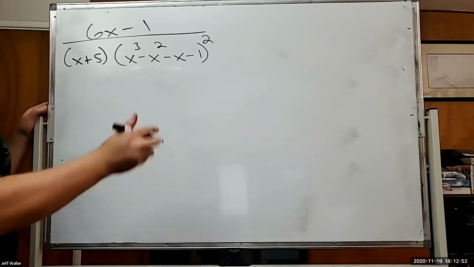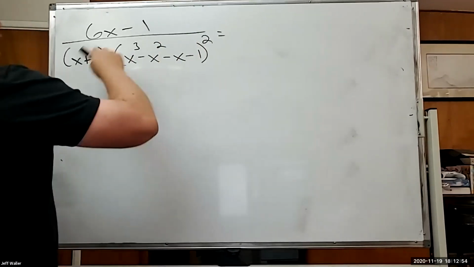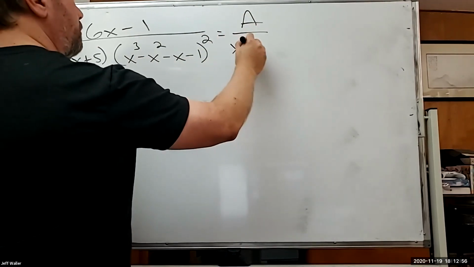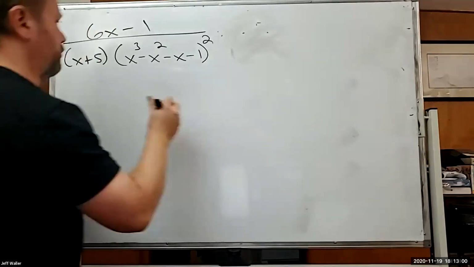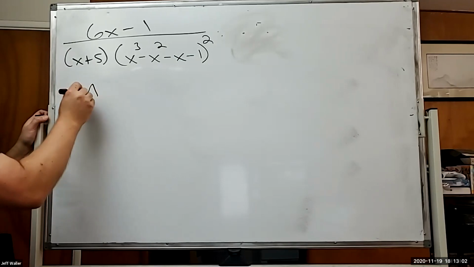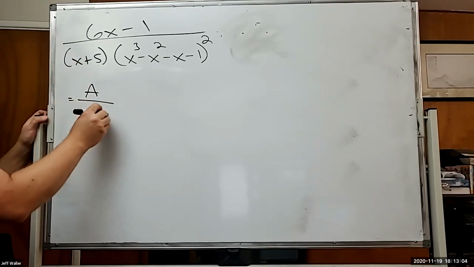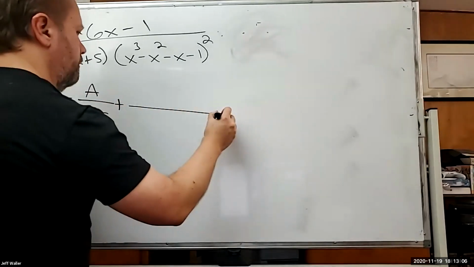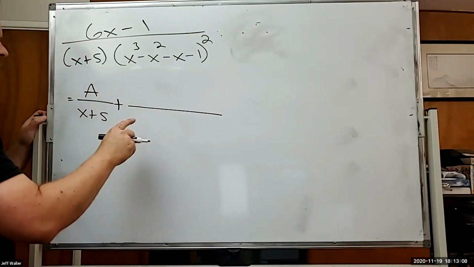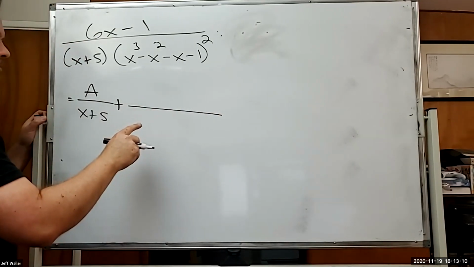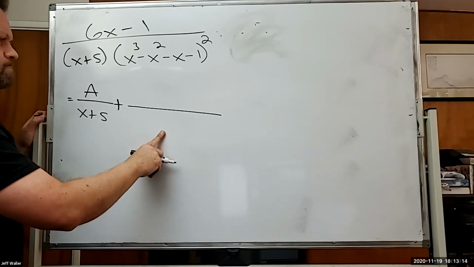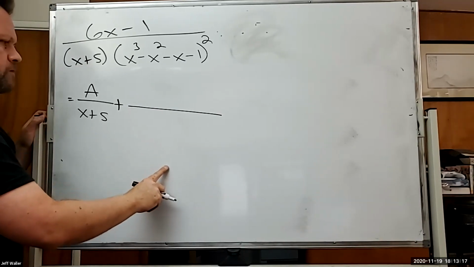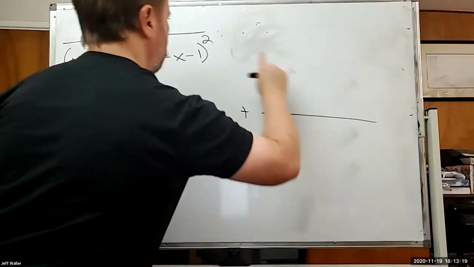So what does that mean? So what am I going to have? So the a over x plus 5 is simple. In fact, I'm going to have to write this down here. I'm going to need a lot more room. So this would be a over x plus 5. How many more terms do I need? Just one more? 2 more, because I've got something that's repeated.